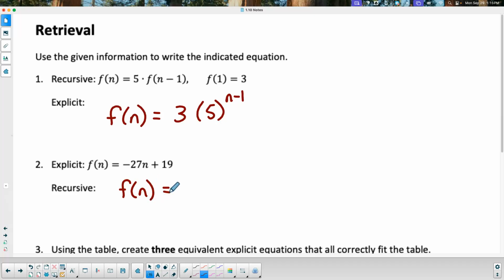What comes next? F of n minus 1. And then? Minus 27. Is that enough for a recursive? What else do we need?